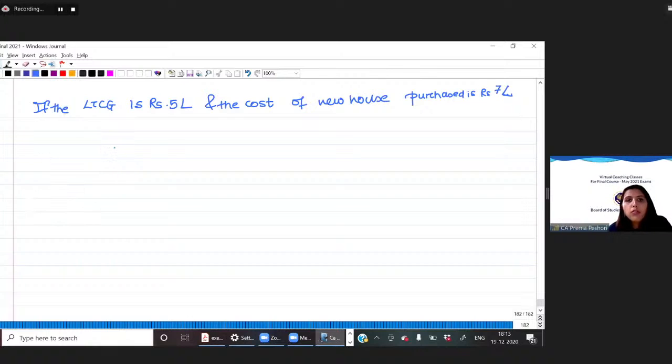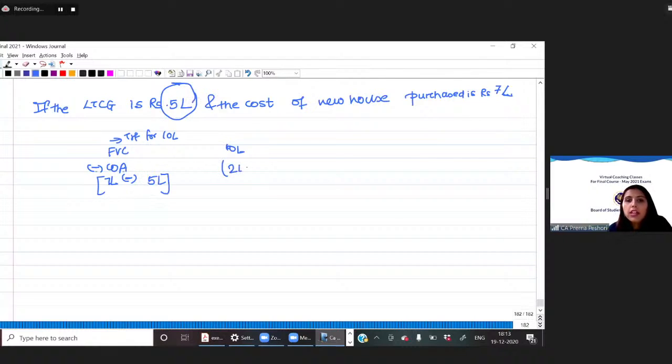So full value of consideration 10 lakhs minus cost of acquisition 7 lakh. You will reduce from cost of acquisition the amount of exemption claimed earlier.